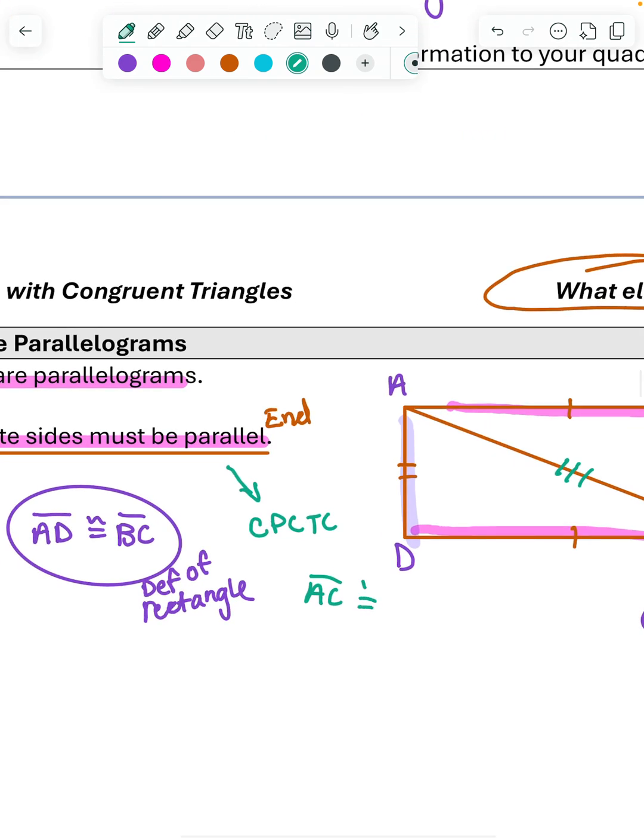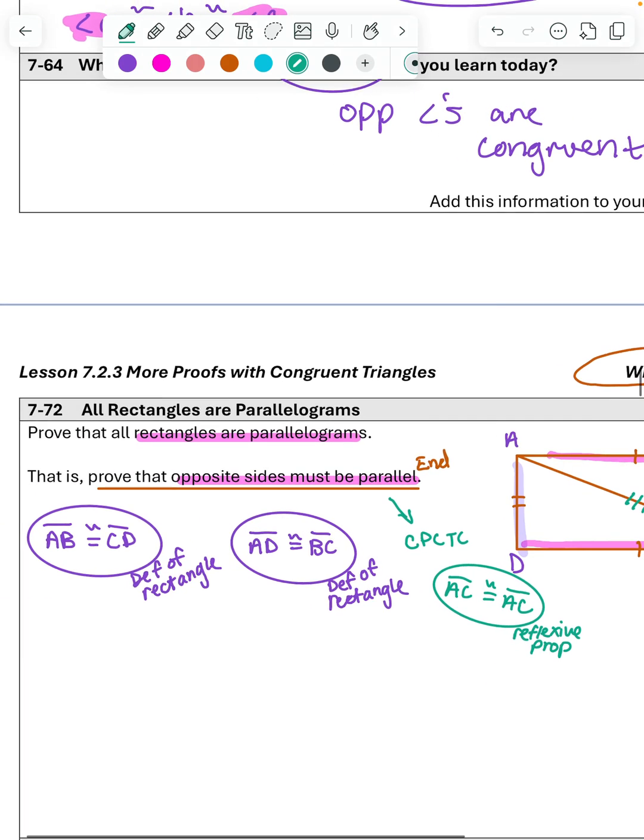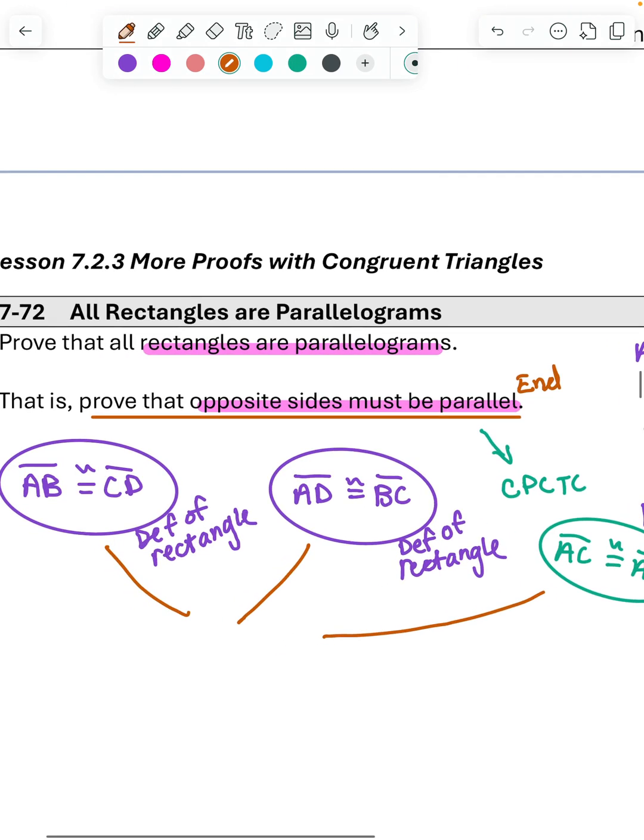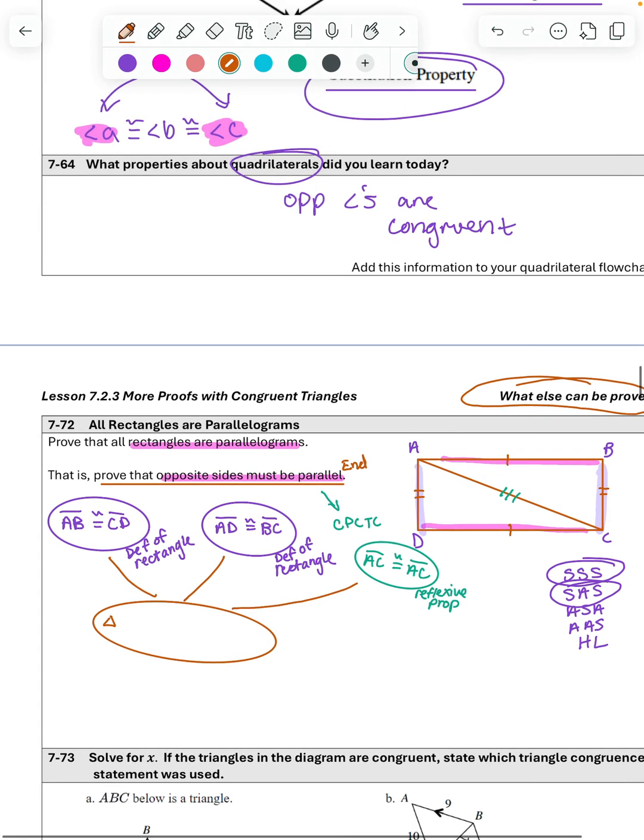AC is congruent to AC, and this is because of the reflexive property. And these three pieces of information, side, side, and side, tell me that the two triangles are congruent.